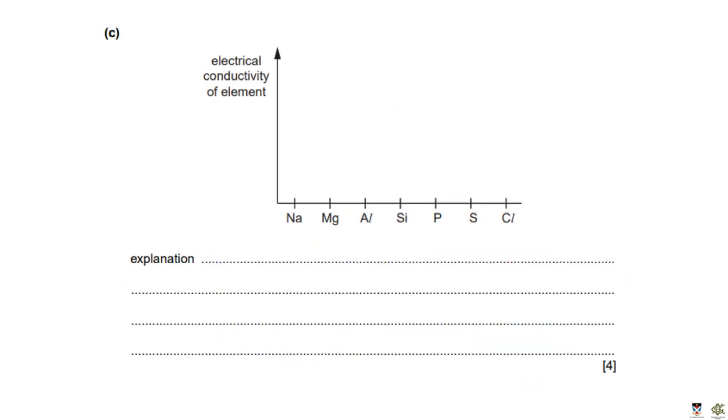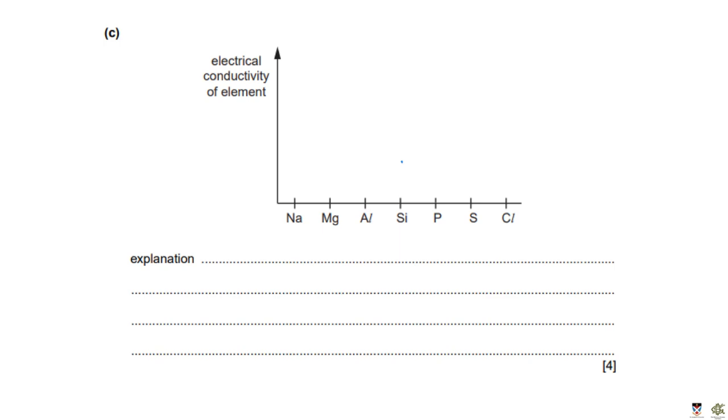For electrical conductivity, we know that the metals sodium and magnesium and aluminium are all good conductors of electricity with an increasing trend from sodium to magnesium to aluminium. And then we're just going to drop down sharply to silicon, which is only a semiconductor.